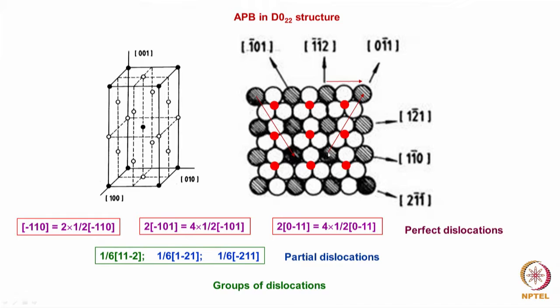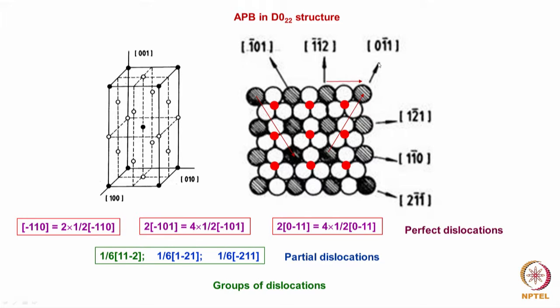In these two directions, from this position to this position, only this translation vector tells us that if we move from here to here, only then do we reach a perfectly identical position. That means the perfect translation vector now turns out to be twice <0 1 bar 0>.